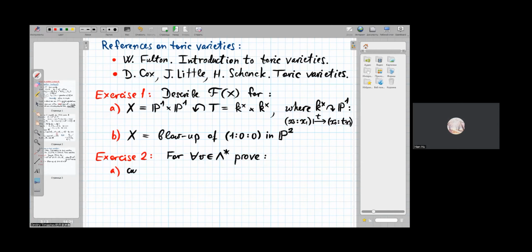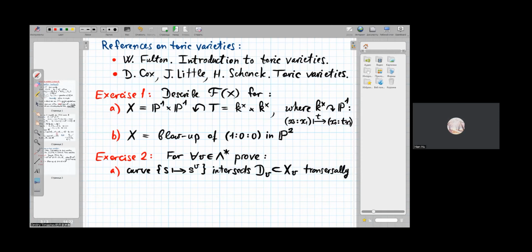So this curve, this one parameter subgroup in T, where the parameter S is sent to S to the power v, intersects the boundary divisor in the corresponding elementary toric variety corresponding to this valuation transversally at the limit point.